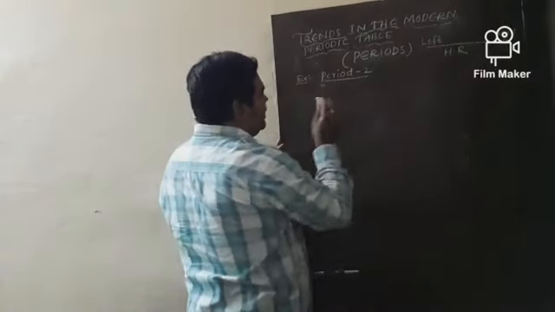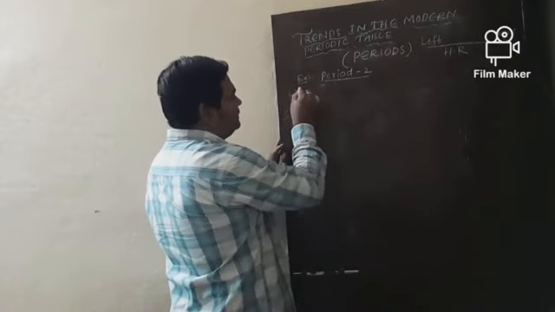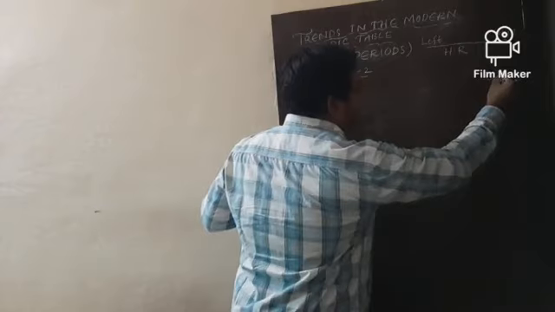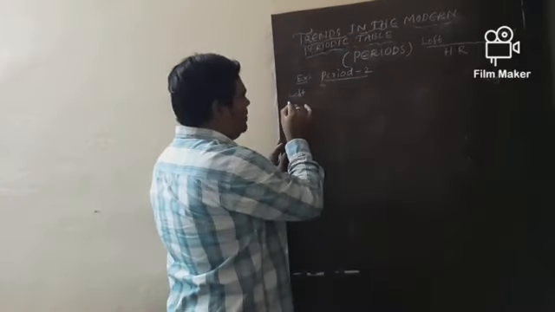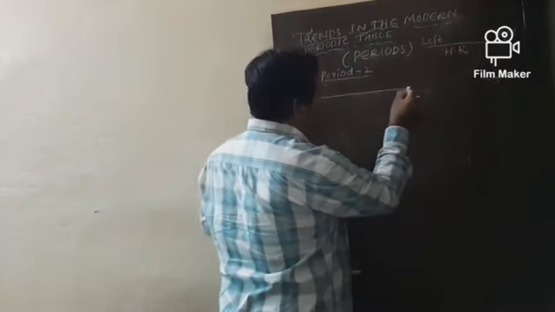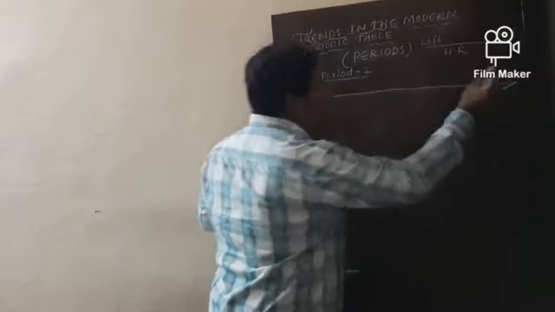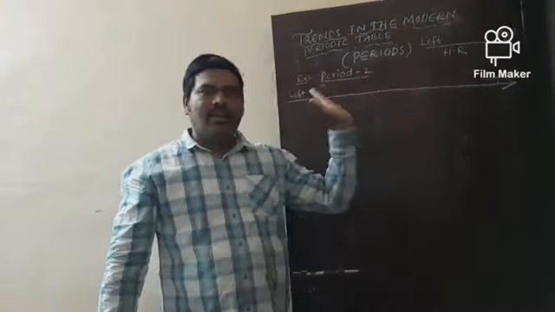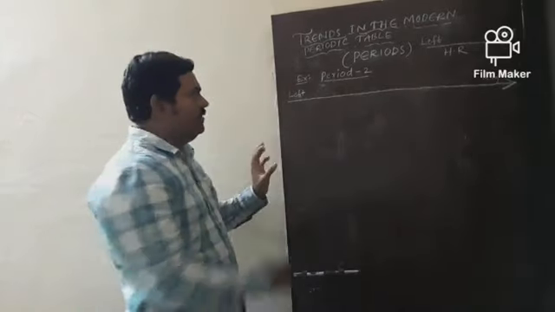Now, every period consists of a left end as well as a right end. I am now drawing that horizontal line. Left end, right end, horizontal row. What is that? Period number 2.